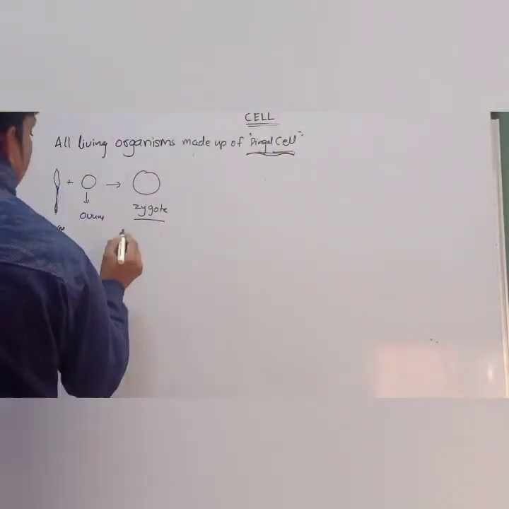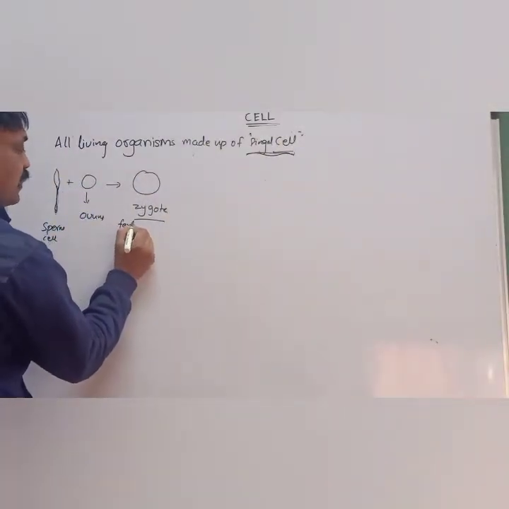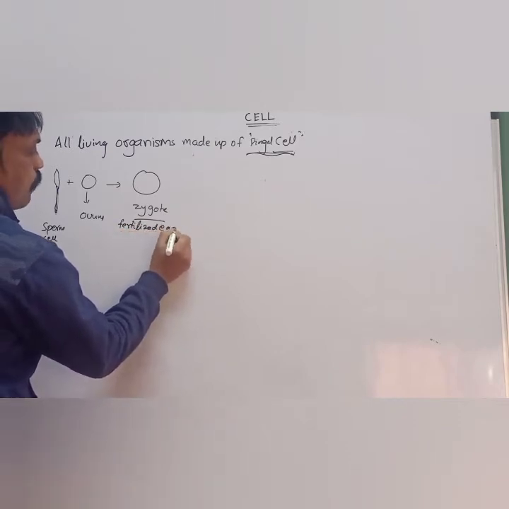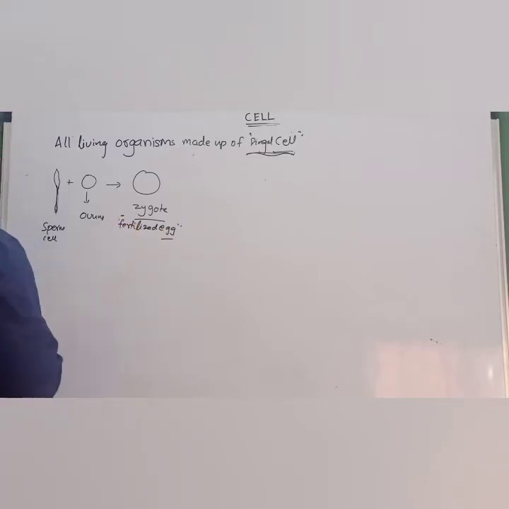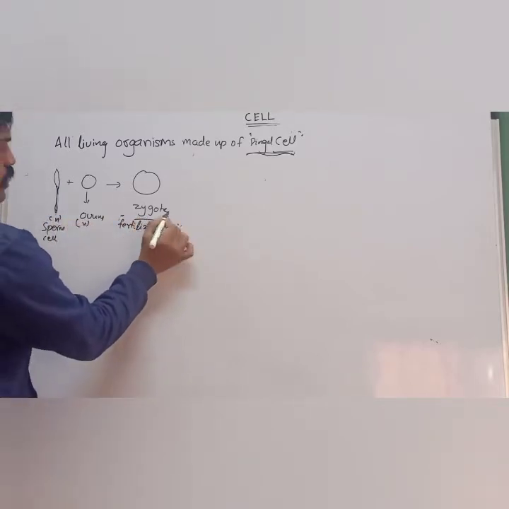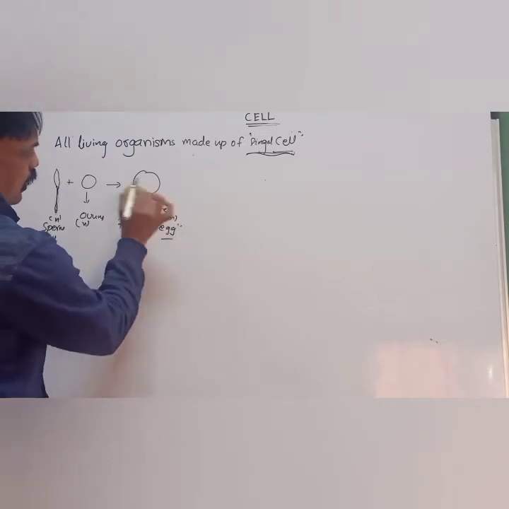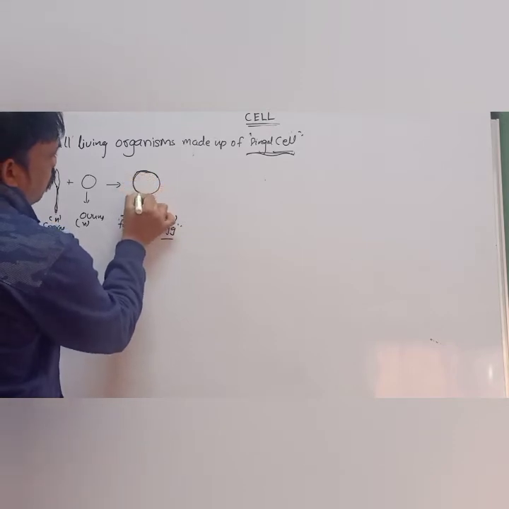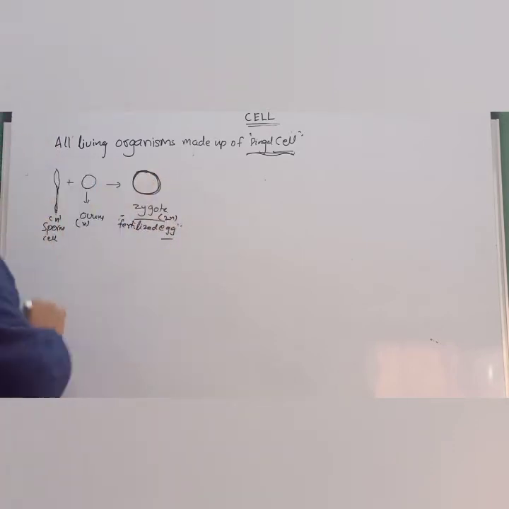What is zygote? Zygote is nothing but a fertilized egg. Nothing but fertilized egg. Generally, zygote is nothing but an egg.